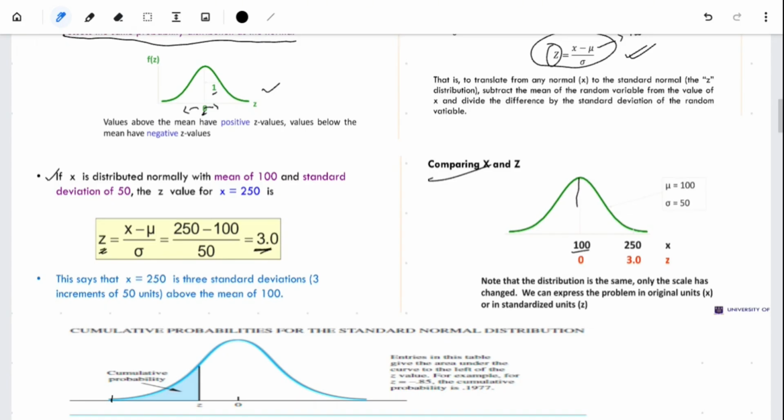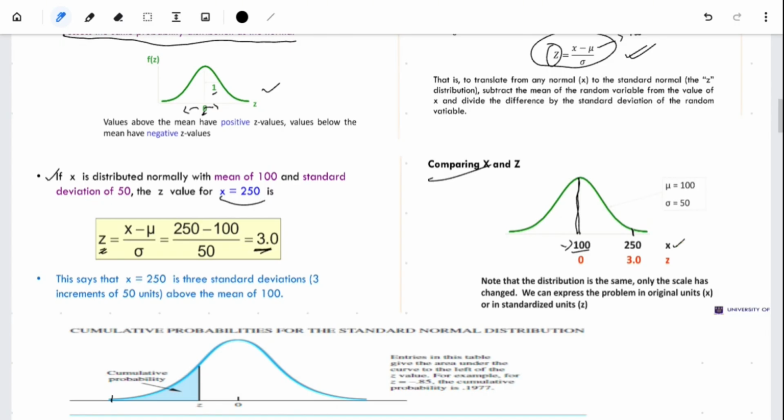You draw a diagram and show your mean. Always when you draw the diagram, identify your mean first. That's the perpendicular bisector, that's your mean, and then you show your x, that's the 250 here.